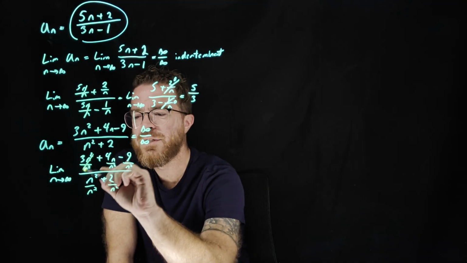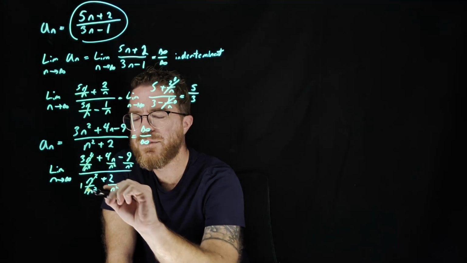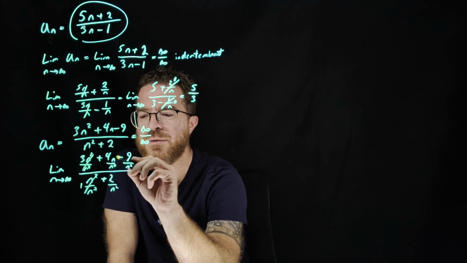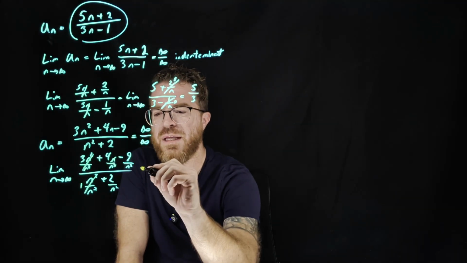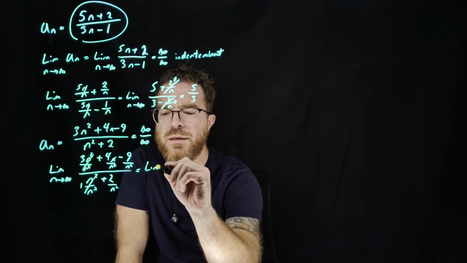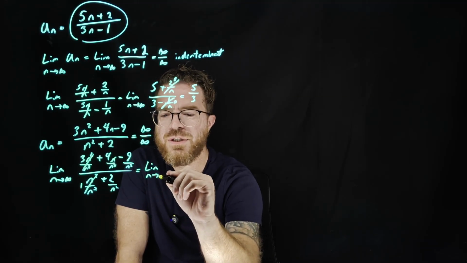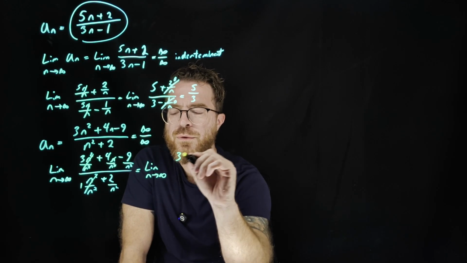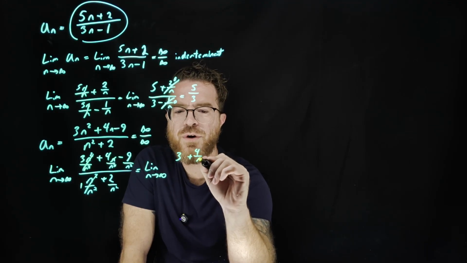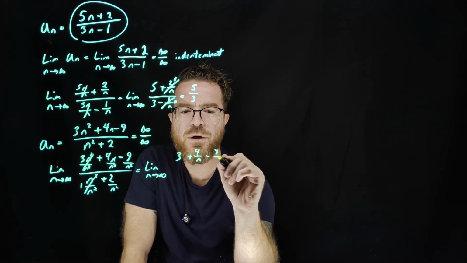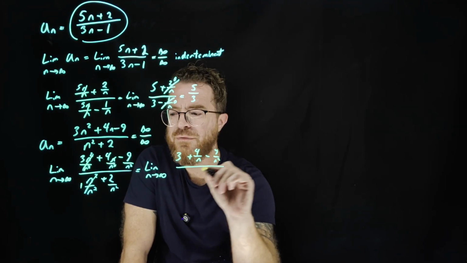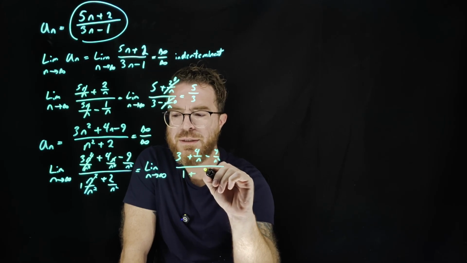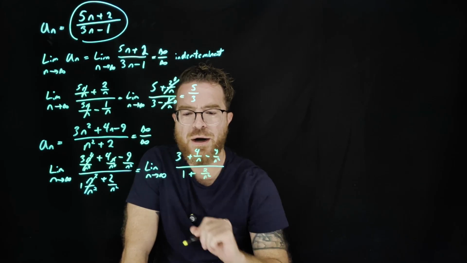Now these two n squareds will cancel, leaving us with 1. One of these n's will cancel with this n, and we are left with the limit as n approaches infinity of (3 + 4 over n - 9 over n squared) divided by (1 + 2 over n squared).